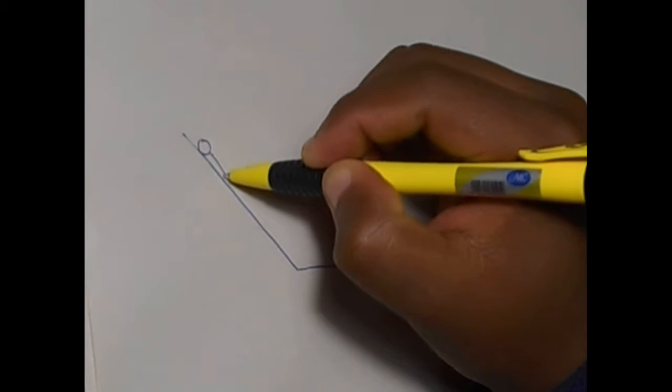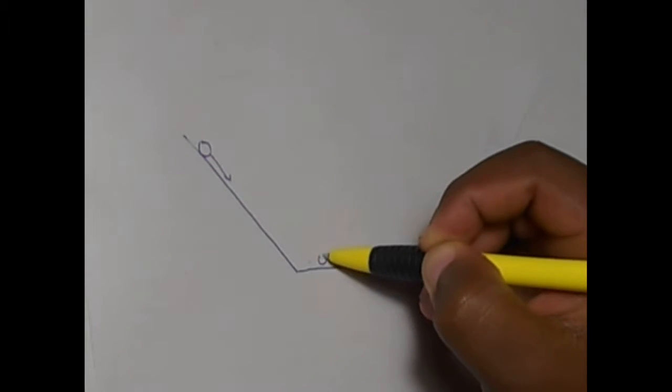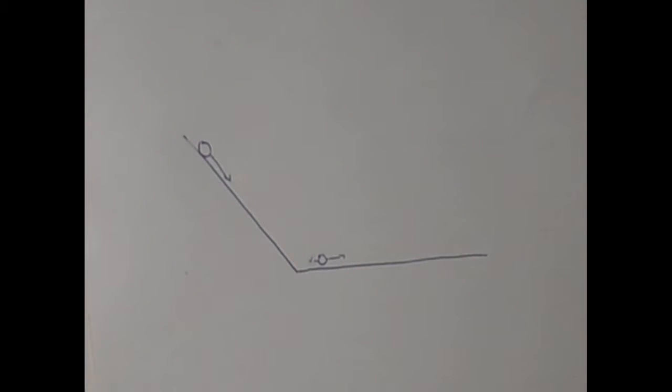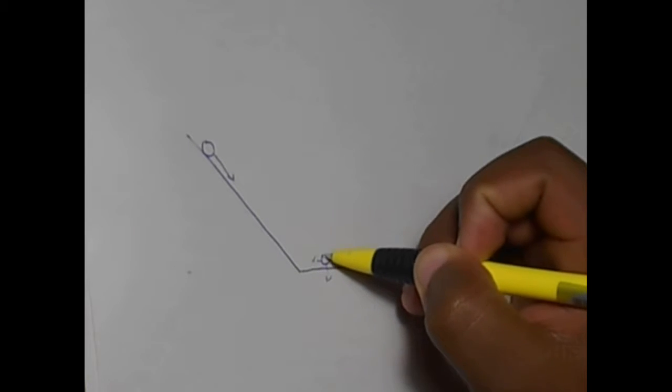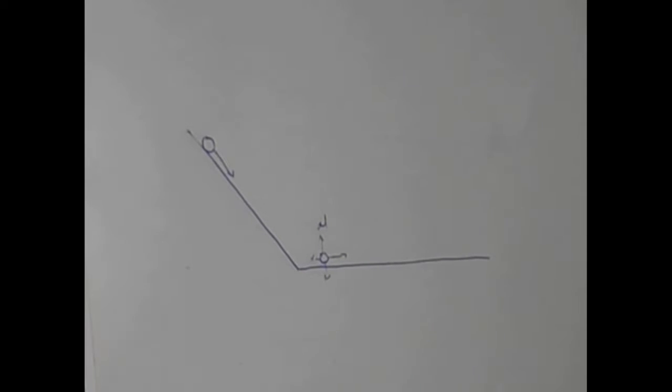Due to the pull of gravity, the object moves down the plane and reaches the horizontal plane. Now at the horizontal plane, the pull of gravity is equal to the normal reaction, but the body continues to move.